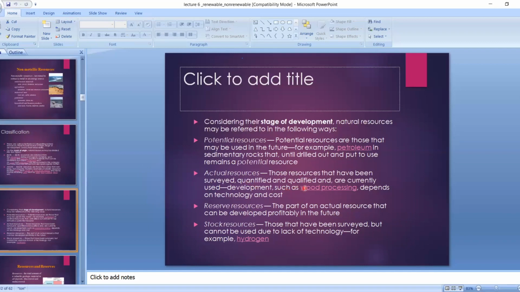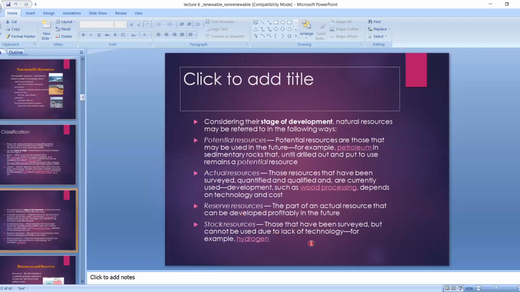For example, if you are extracting coal, you have identified that the coal is worthy and of good quality, not cheap, so if you extract it, it will be beneficial and profitable rather than a loss. So these are the resources which you have on hand, and you are currently able to use.